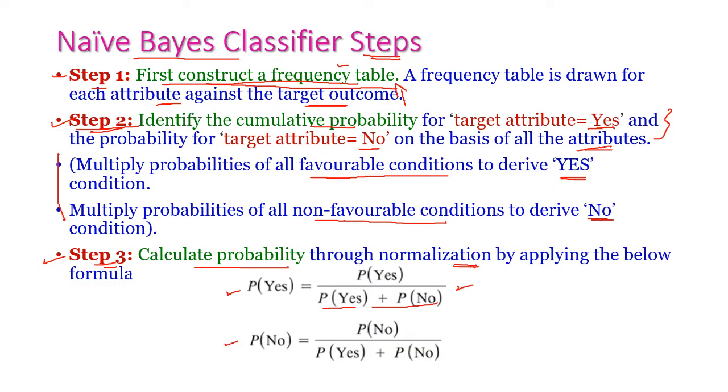And the second one is probability of no, which is equal to P(no) divided by P(yes) plus P(no). Here all the applicable data will come. Here only no and here only yes.